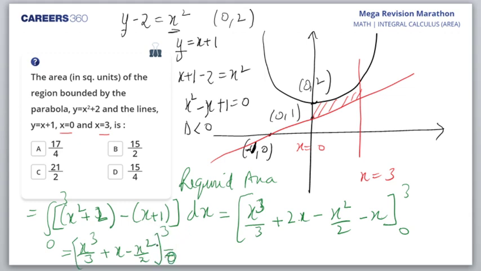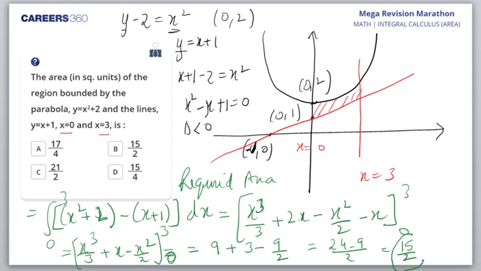So when I put 0, I'll get everything 0. I'll just have to put 3. So the first term would be 9, next term would be 3, next term would be 9 by 2. Am I right? So what do I get? I get 12 and 12 minus 9 by 2. That is 15 by 2 square units.